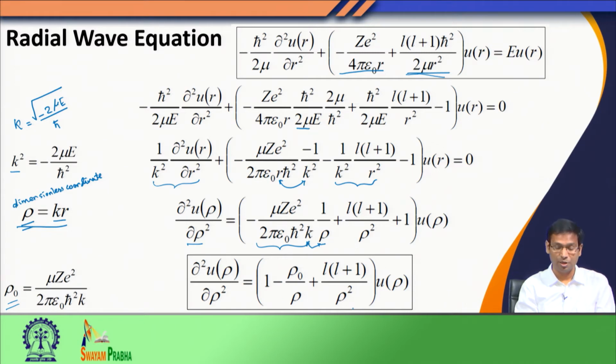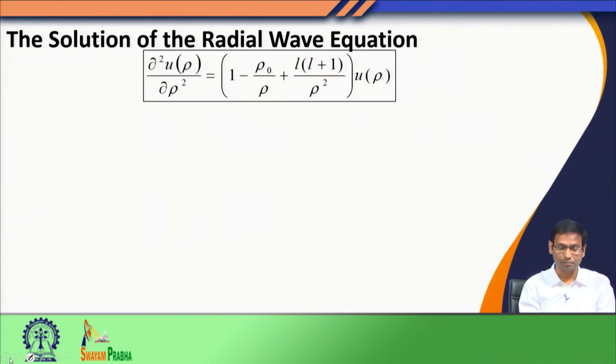And then I have this right hand side. So, what I have done in this exercise is that I have converted my radial wave equation from u of r to u of rho, and my equation is now written in terms of the dimensionless coordinate rho. Now, the solution of this equation has been shifted to the solution of this. So, now we would try to solve this particular equation, which is the radial wave equation in dimensionless coordinate.